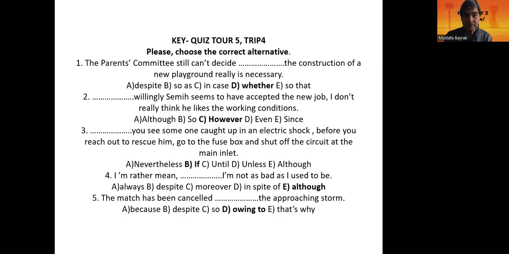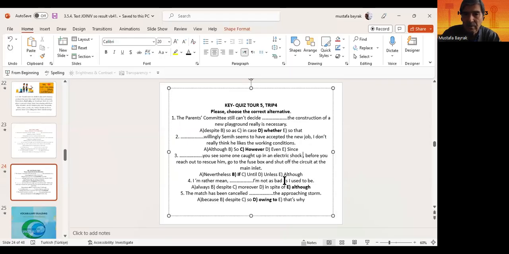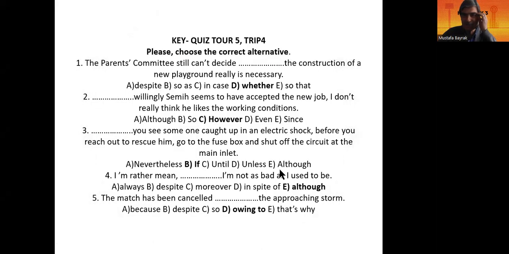3. If you see someone caught up in an electric shock, before you reach out to rescue him, go to the fuse box. Yes, go to the fuse box and do a logical thing: shut off the circuit at the main inlet.